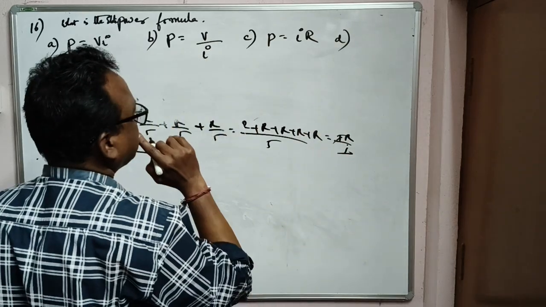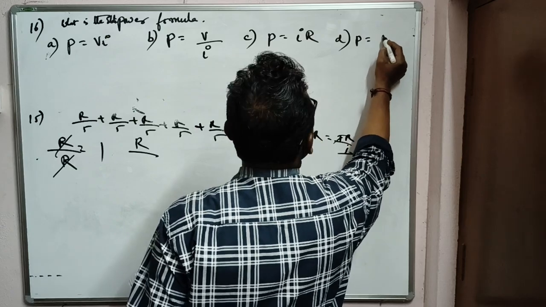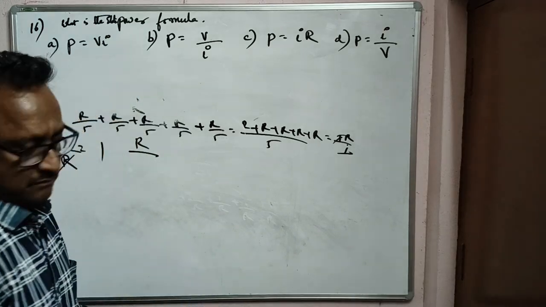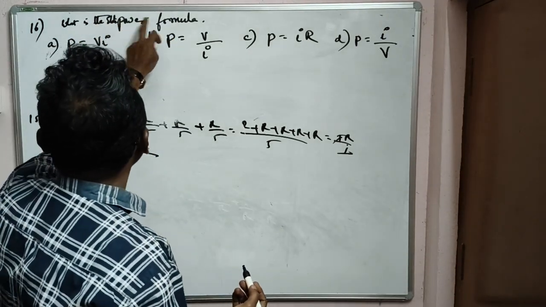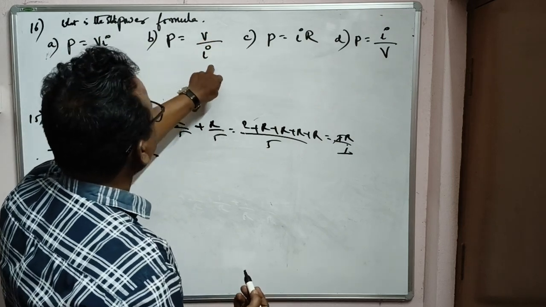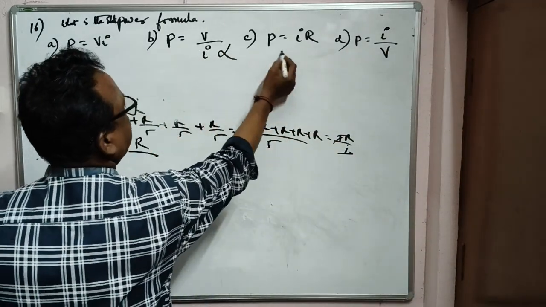D. P is equal to I by V. So he has given 4 formulas here. What is the electrical power formula? P is equal to VI, P is equal to V by I, P is equal to IR, P is equal to I by V. See, all these are wrong answers.